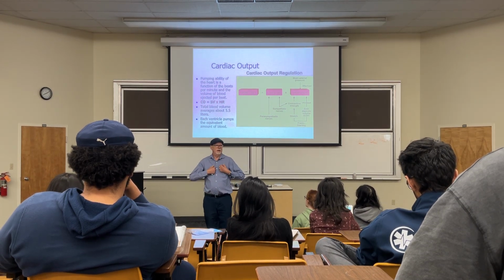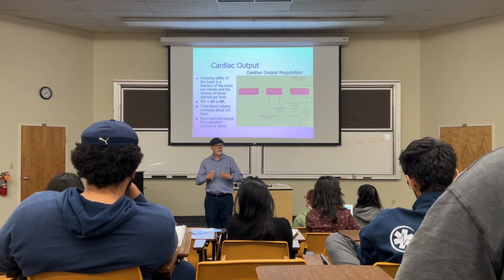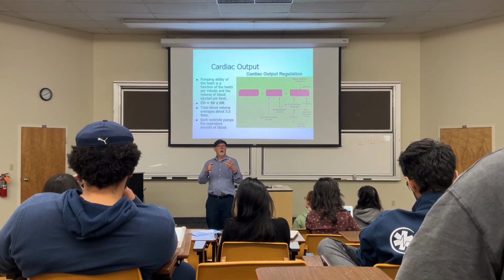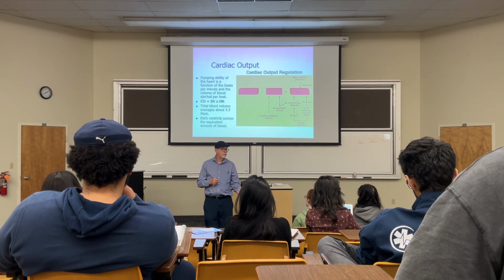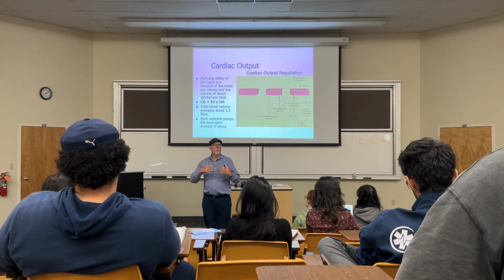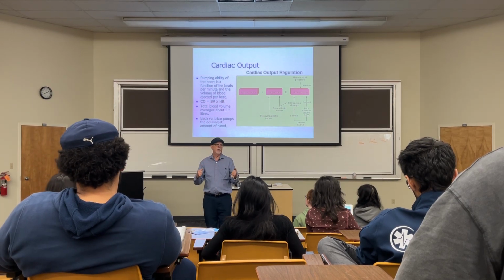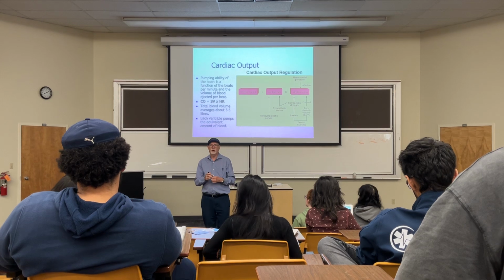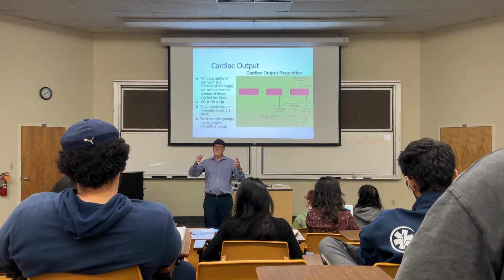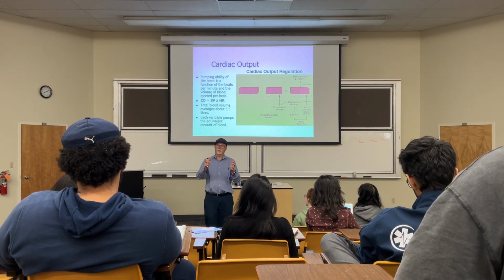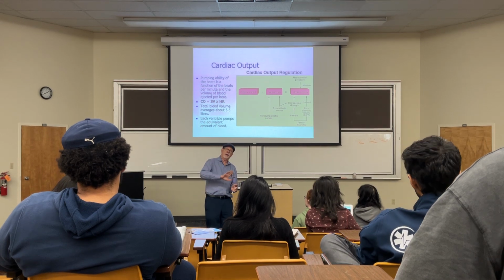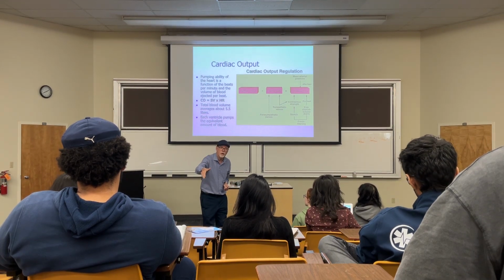Somebody who exercises their heart routinely and makes it work, makes their heart stronger. That means when it's resting, not exercising, it's real strong. It can go boom, boom, boom, and it can put out a big stroke volume.